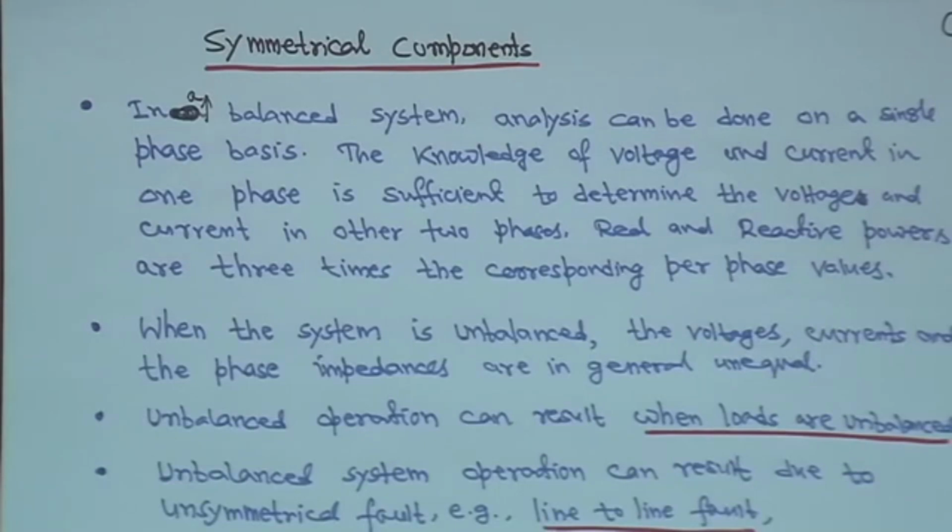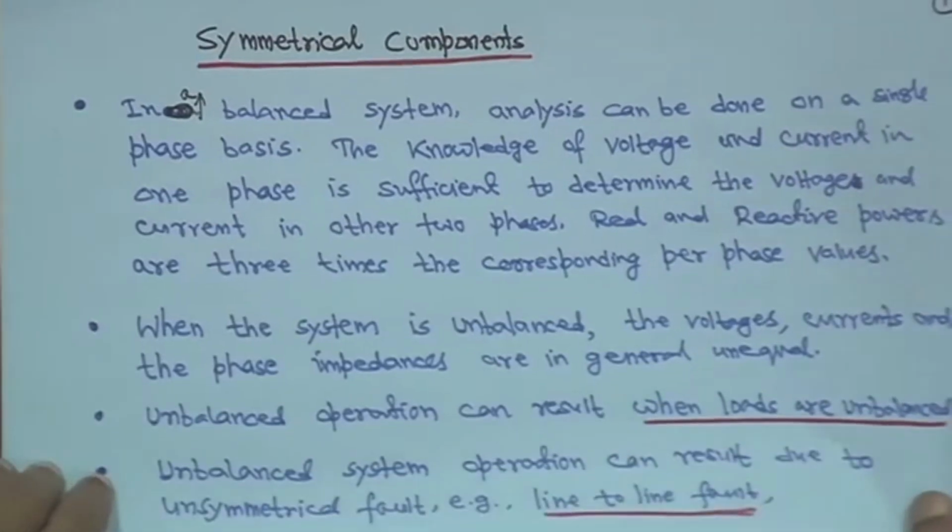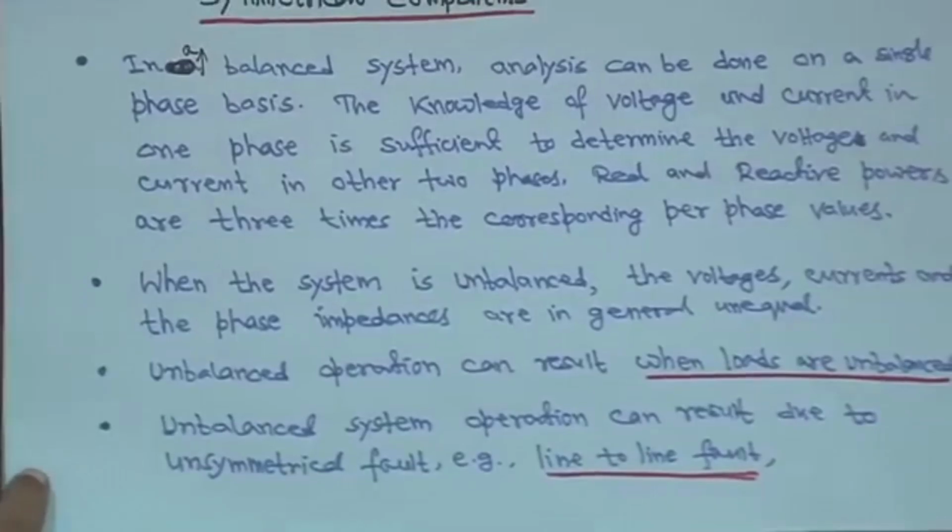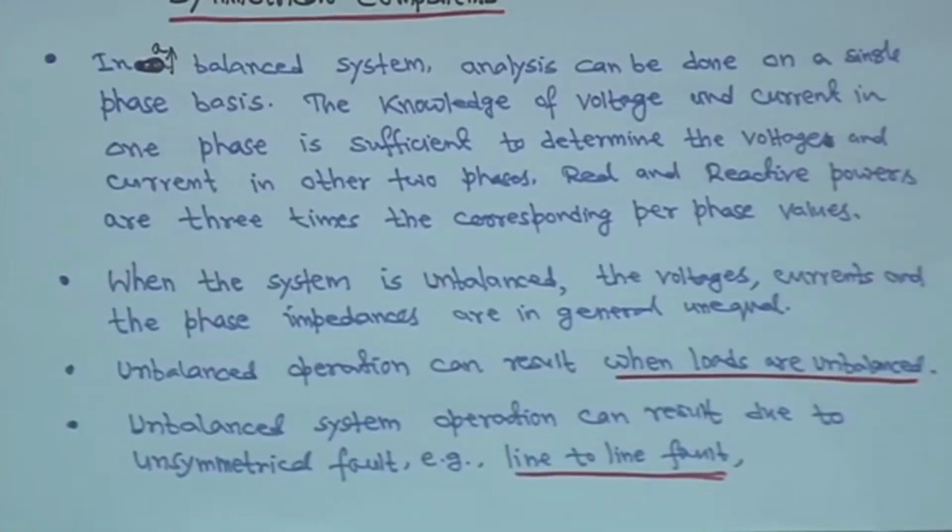are in general unequal. So, unbalanced operation can result when loads are unbalanced, this is one thing. Loads are unbalanced means that all the 3 phase loads may be different, and this is more applicable to the low voltage distribution system.